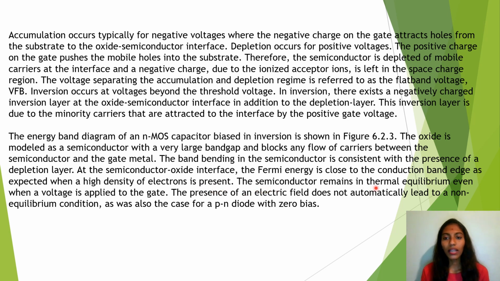The semiconductor remains in thermal equilibrium even when the voltage is applied to the gate. The presence of an electric field does not automatically lead to a non-equilibrium condition, as was also the case for a PN diode with zero bias.